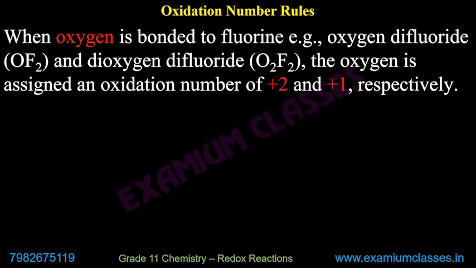Now oxygen, when it combines with fluorine, forms two compounds, OF2 and O2F2. There are two compounds known of oxygen with fluorine, but the rule, which we will talk about later on, is that fluorine always has oxidation state -1.